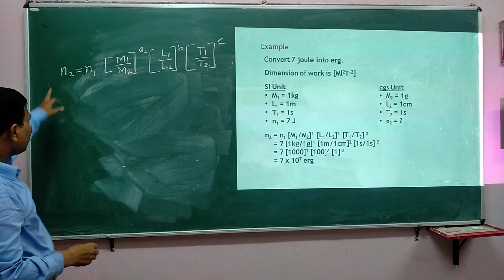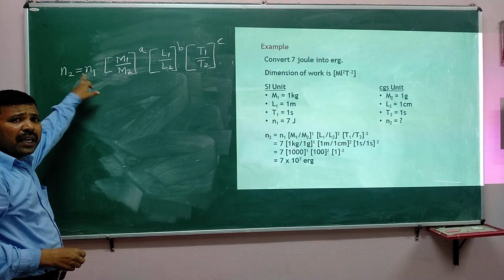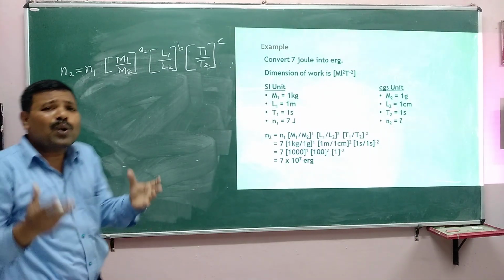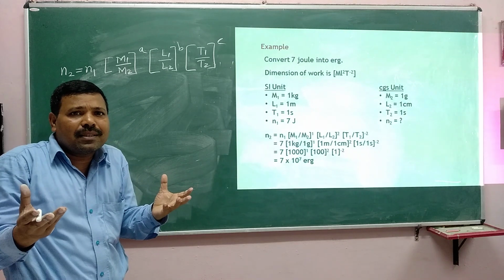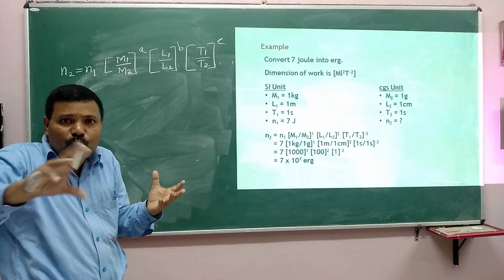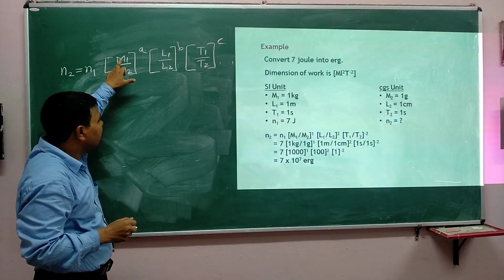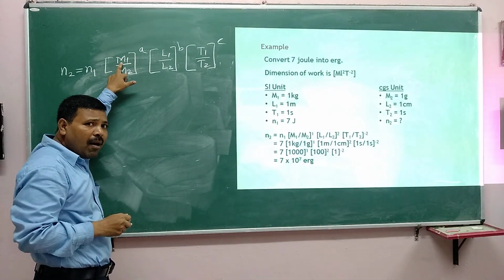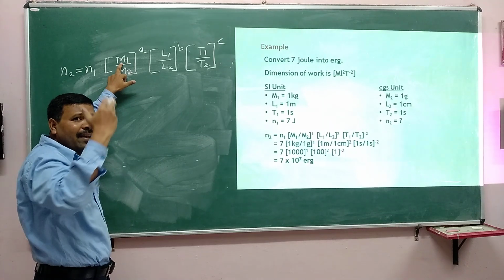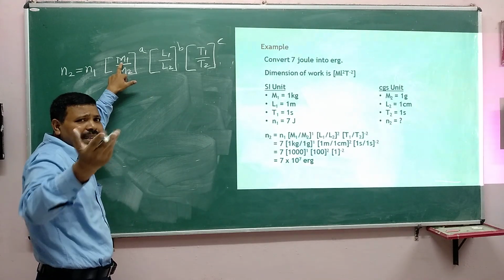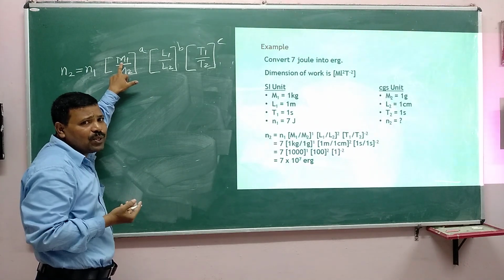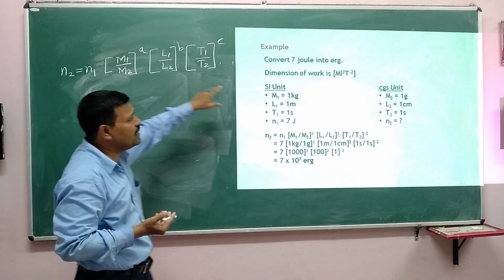Okay. What are n2 and n1? n2 and n1 are constants, are numbers, are numericals. And what is this M1? M1 is the mass in the SI system. As all of us know, the mass is measured in kg.